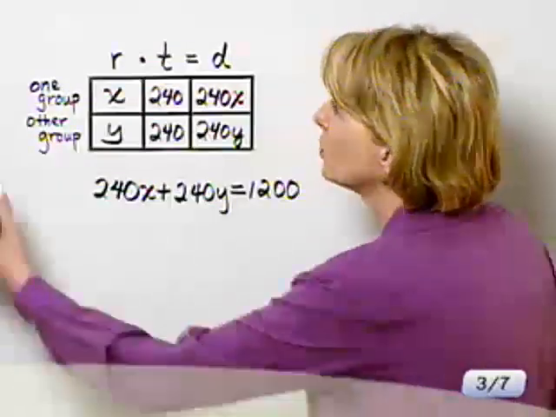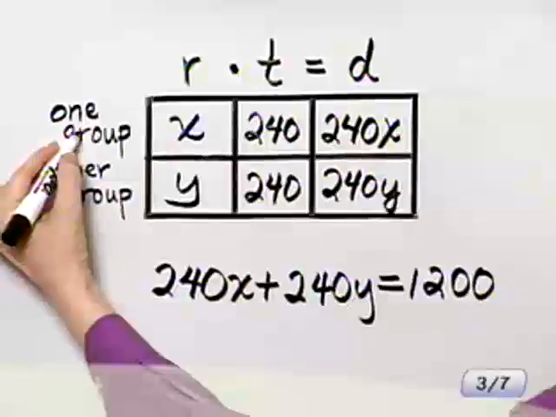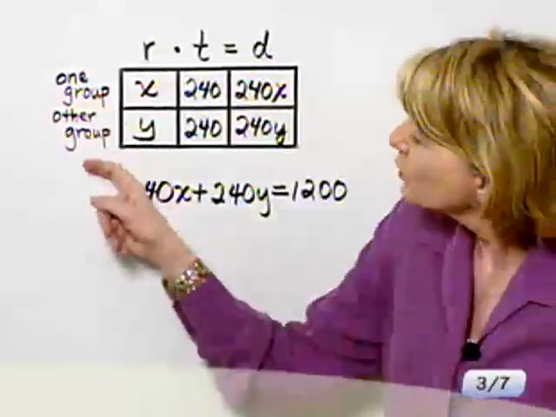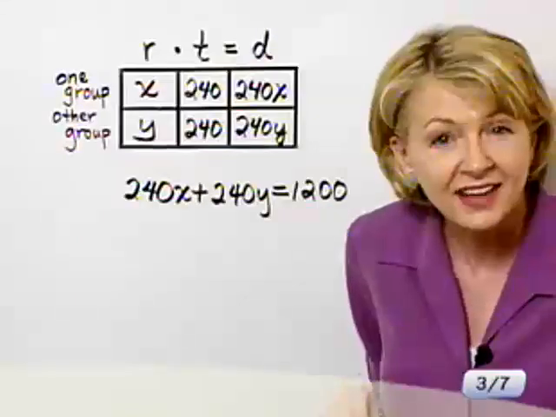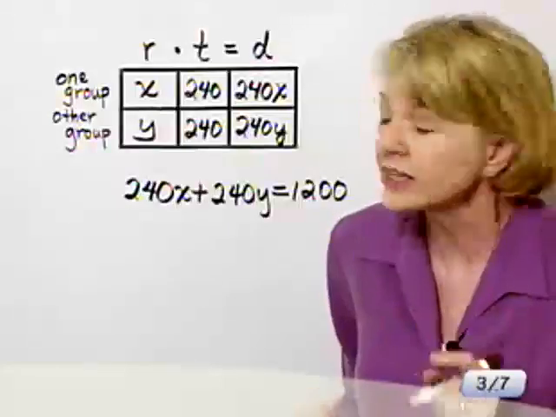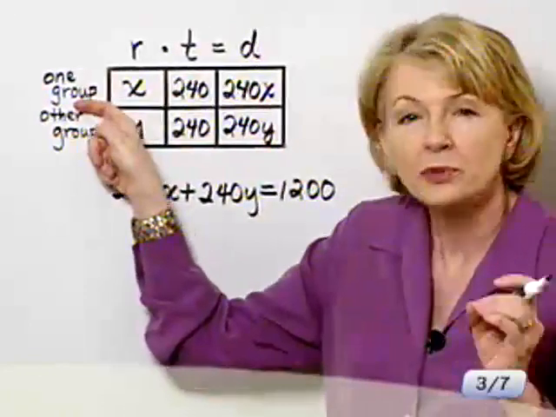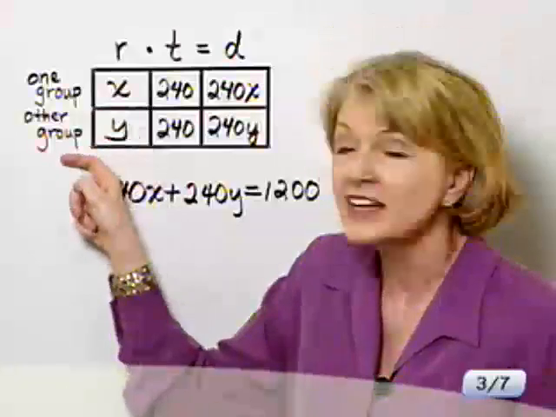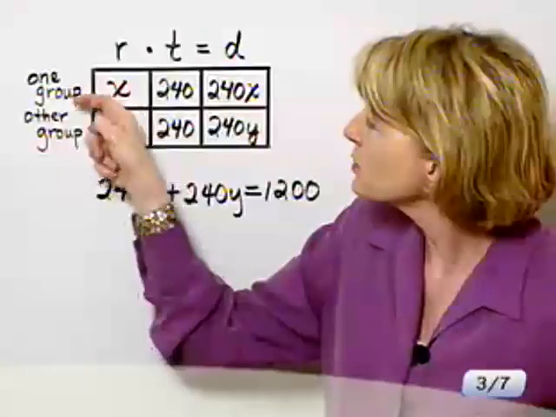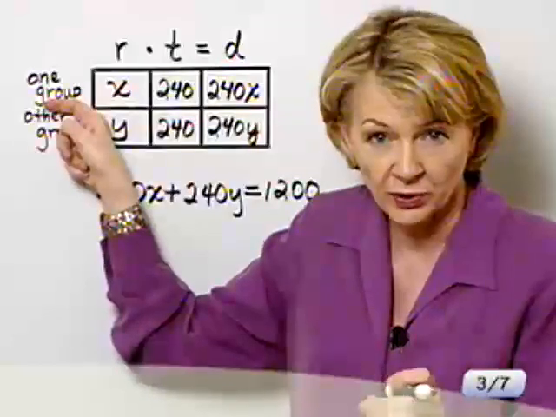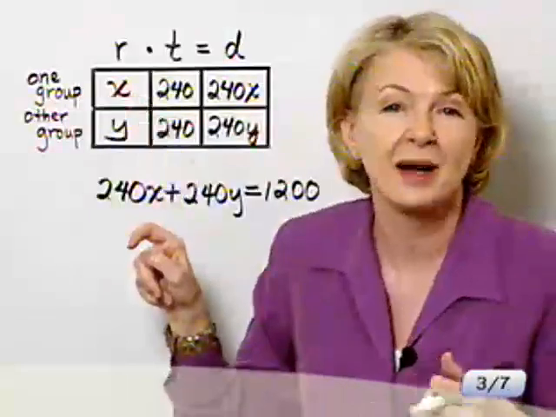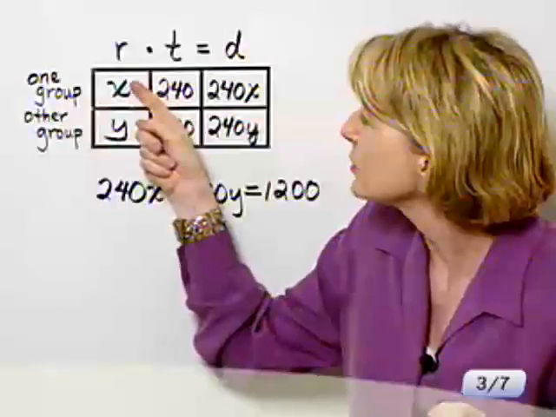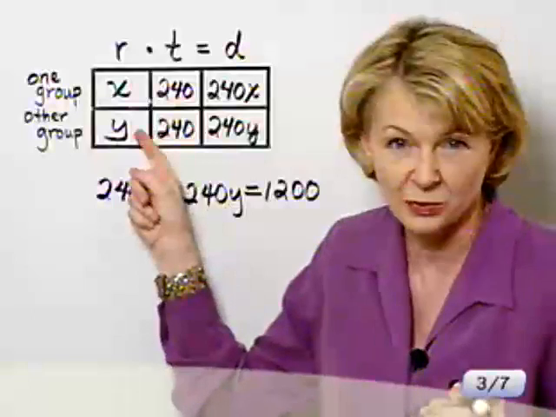Now, we were told that one group travels 1/2 mile per hour slower than the other group. How will we use that to set up a second equation? Be very, very careful. One group travels 1/2 mile per hour slower than the other group. So let's suppose this group is the slower group, the group traveling at a rate of x miles per hour. If that is the slower group, isn't this number smaller than this one?